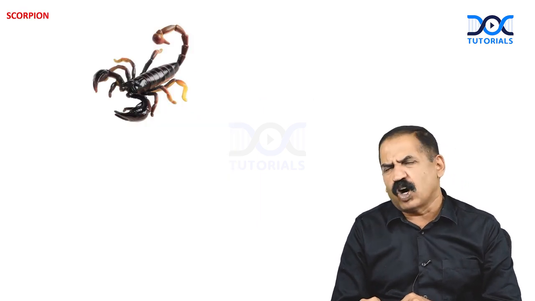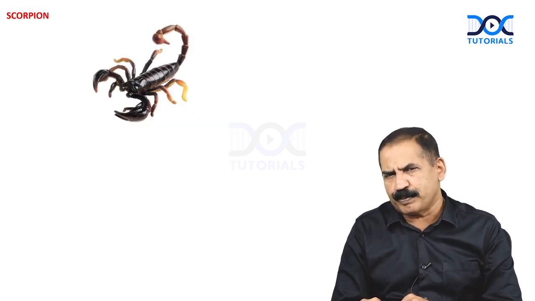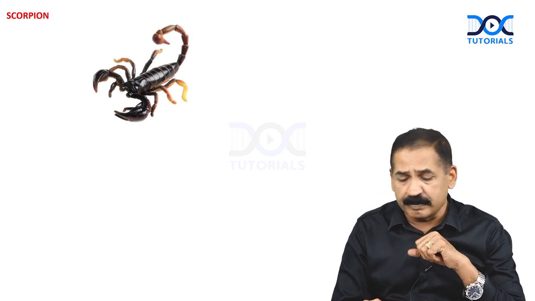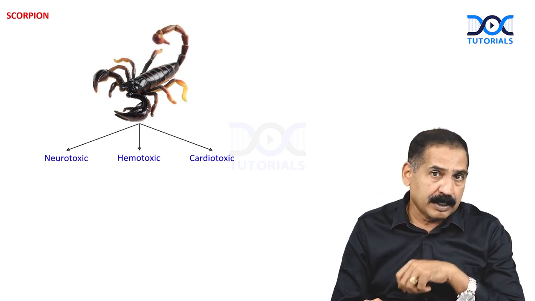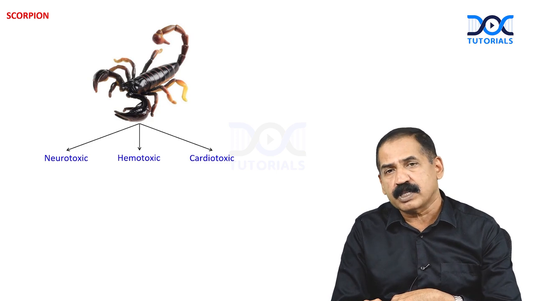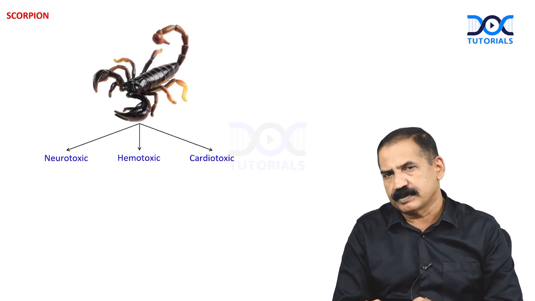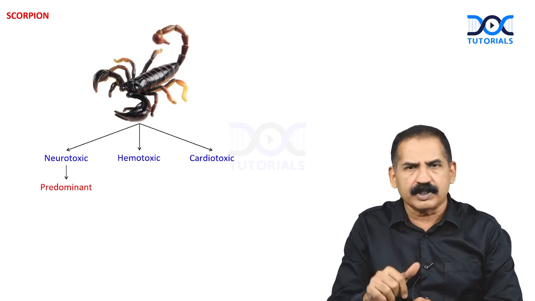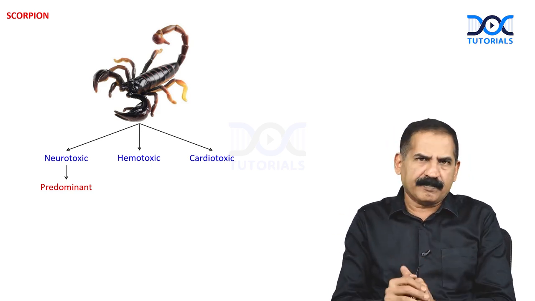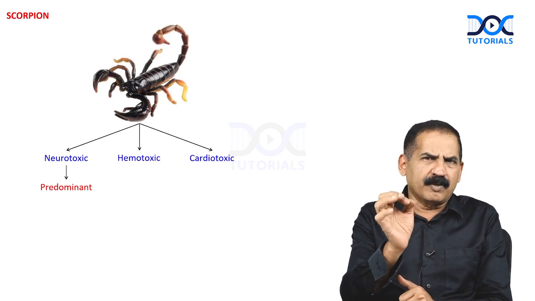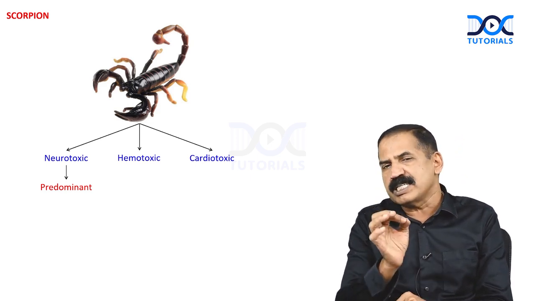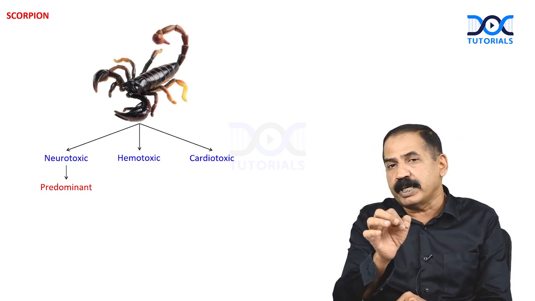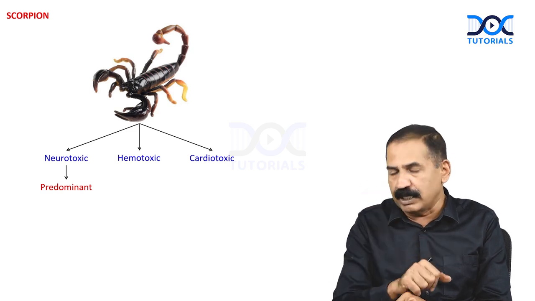Now, scorpion. Scorpion venom is neurotoxic, hemotoxic and cardiotoxic, but predominantly neurotoxic. One more point I would like to tell: potency wise, the most potent venom is the jellyfish.